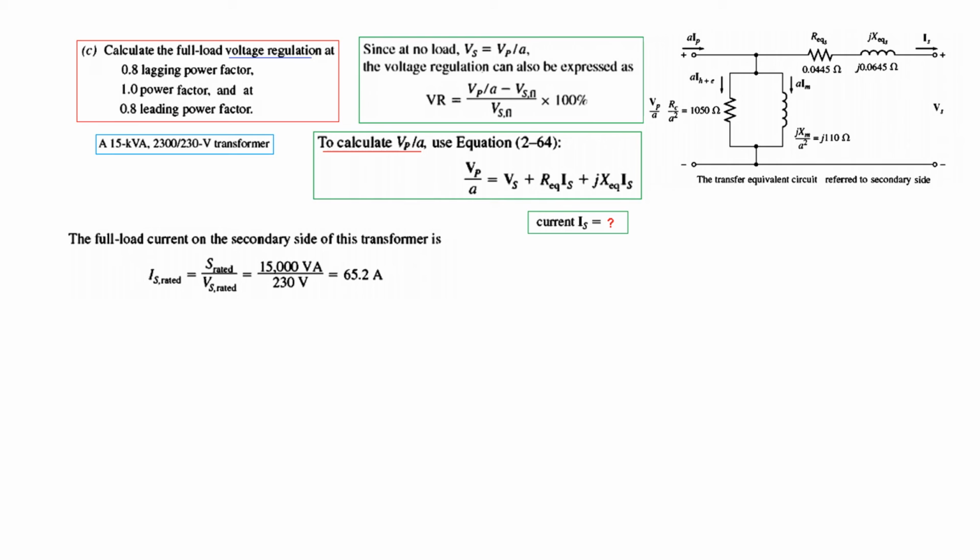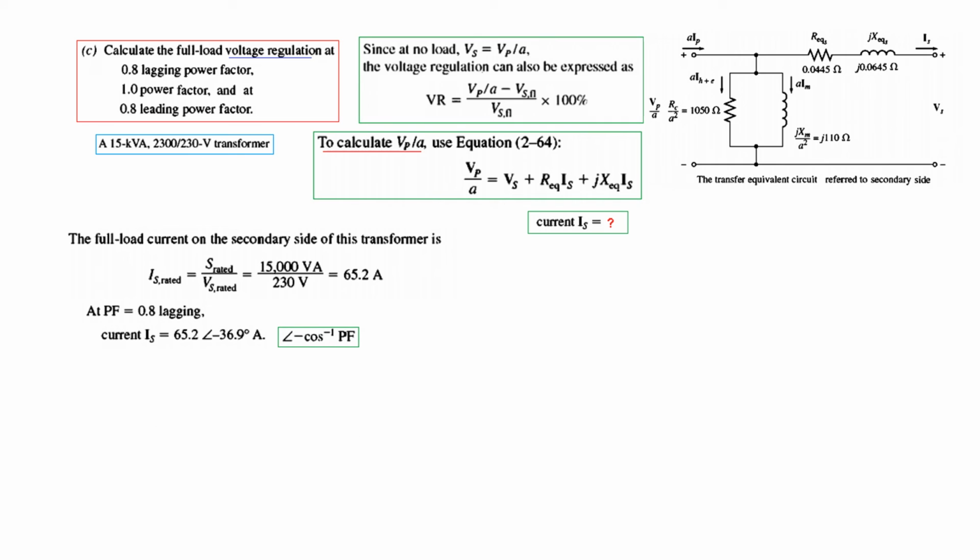Okay, from the power formula, the current rated is power rated divided by voltage rated. So power rated is 15 kVA, voltage rated at the secondary is 230. Therefore, current rated is 65.2 amperes. And we need to find the angle as well.